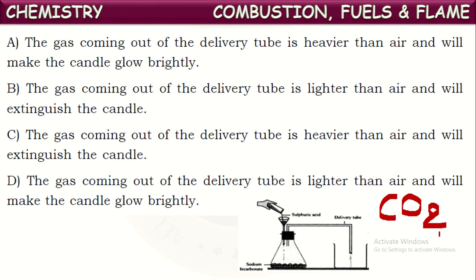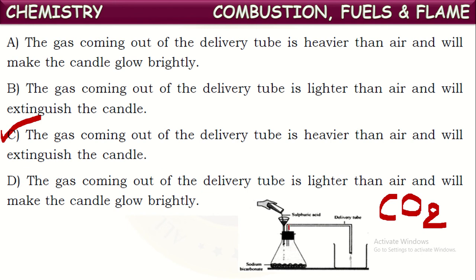Now see which statement gives the correct properties of this carbon dioxide emitted. The gas coming out of the delivery tube is heavier than air and will extinguish the candle flame.